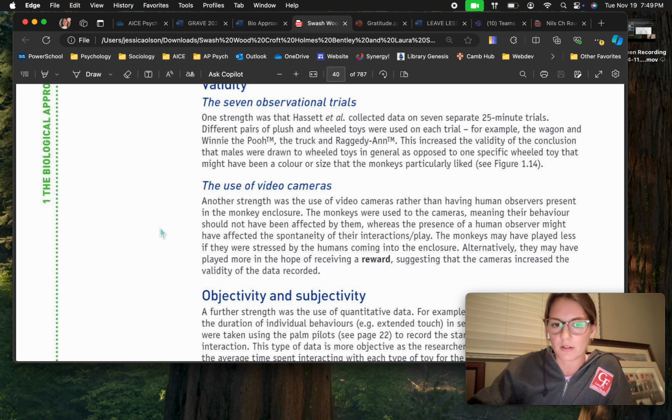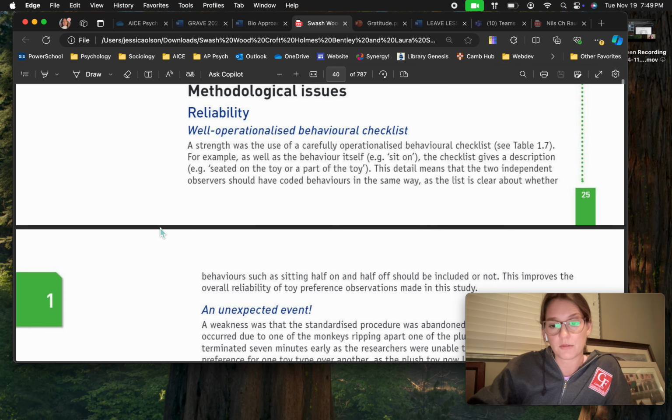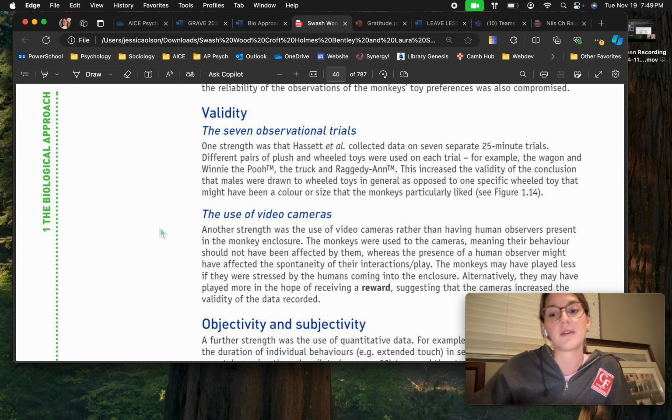They were each 25 minutes long. Different pairs of plush and wheeled toys were used on each trial. Okay, so actually that is an argument against reliability because they used different types of toys. They weren't the same toy each time.